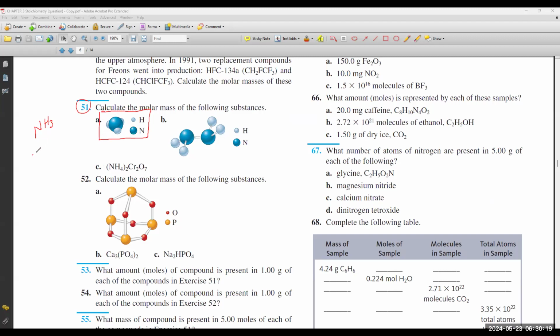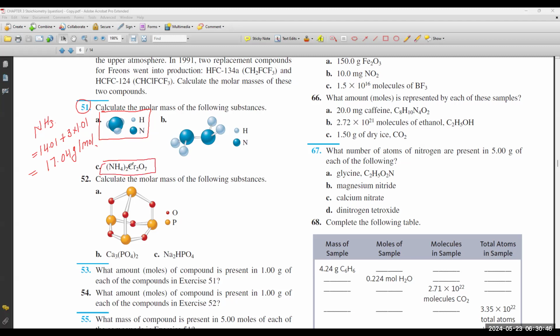Nitrogen, just look at the periodic table, 14.01. Hydrogen, 3 times 1.01, and give the correct units, 17.04 grams per mole. So there is 1 nitrogen and 3 hydrogen. Let's calculate the molar mass of this molecule.